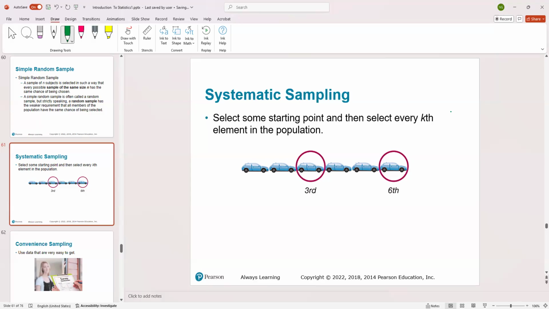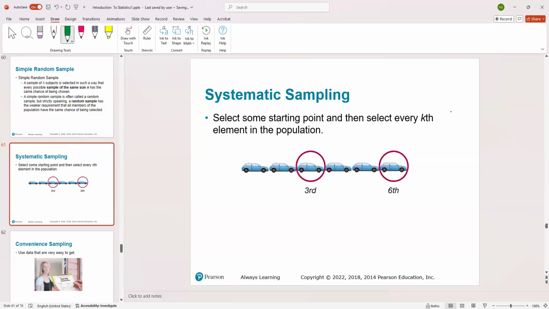We select some starting point and then select every k-th element in the population. So we know where we start, all right? We call that systematic. Hopefully, you can review and understand these techniques, right? Because we have so many.